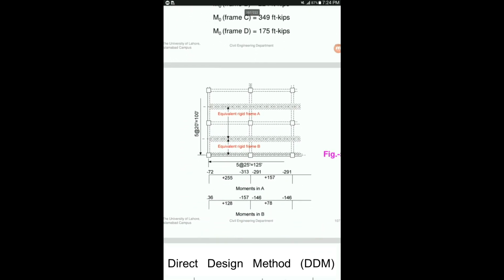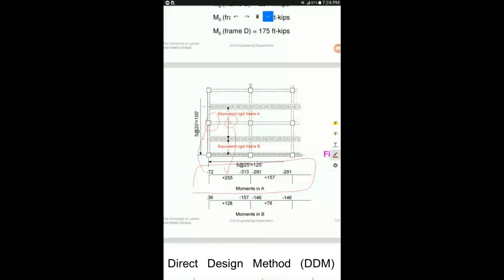You actually have to draw a figure like this one, where you will show the calculations for rigid frame A. This was location 1, so the moment is here, -72. This was location 2, and the moment is shown here.